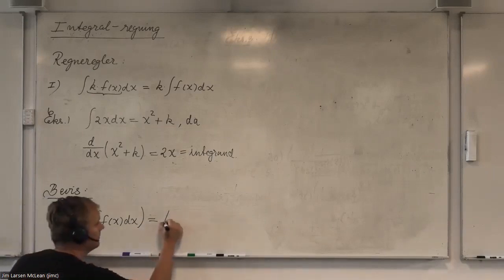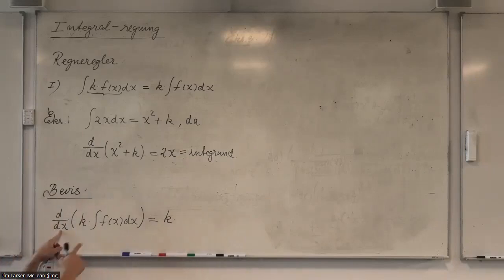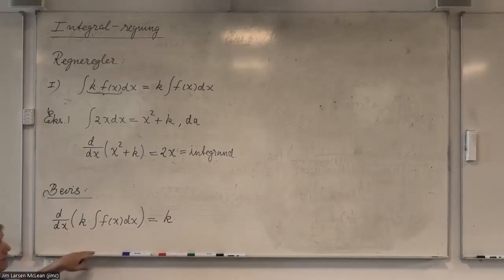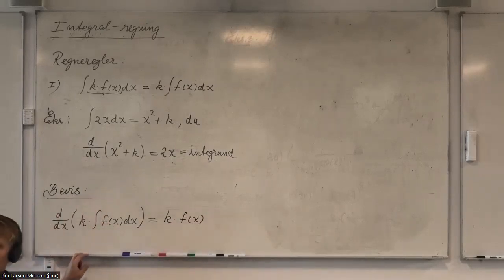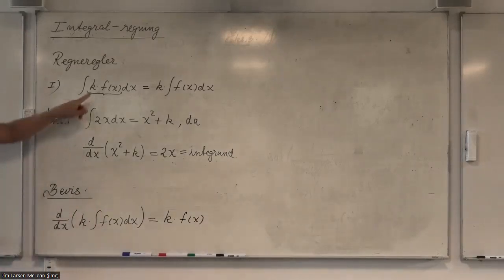And when I differentiate something that has been integrated, the two operations cancel each other out because they are inverses. The d/dx consumes the integral sign, so the only thing that survives is f(x). So it gives k times f(x), and then it's proven. So now we've proven that that rule is correct.